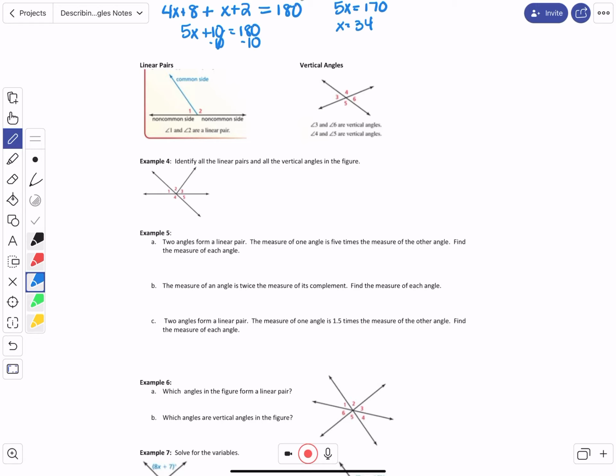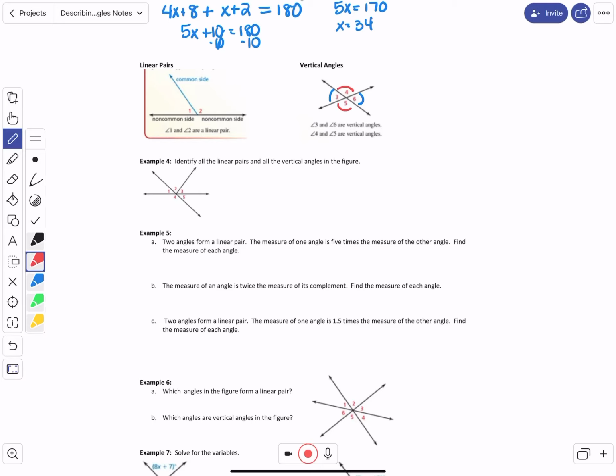So angle 1 and angle 2 are a linear pair. Vertical angles are angles that form an X. So angles 3 and 6 are opposite from each other. And then angles 4 and 5 are vertical pairs. Those are vertical angles.